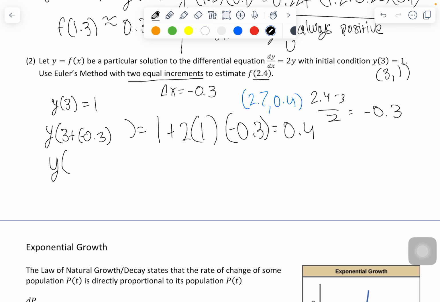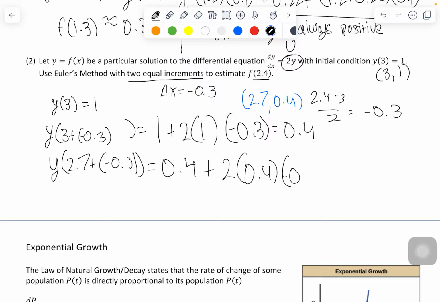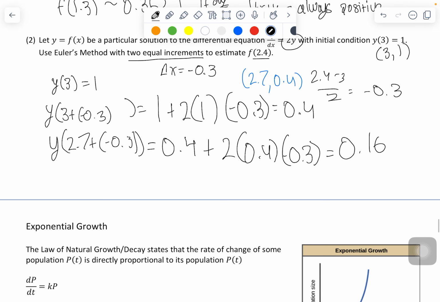So we'll use our point y of 2.7 plus our delta x of negative 0.3 equals our y value plus 2 times our y value times negative 0.3, which is equal to 0.16. So we can say that f of 2.4 is approximately 0.16.